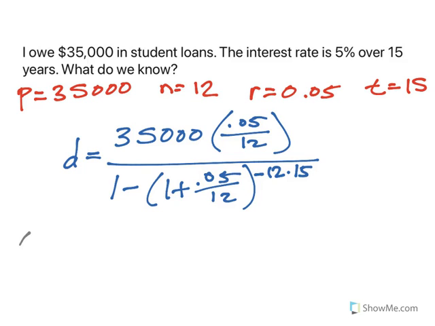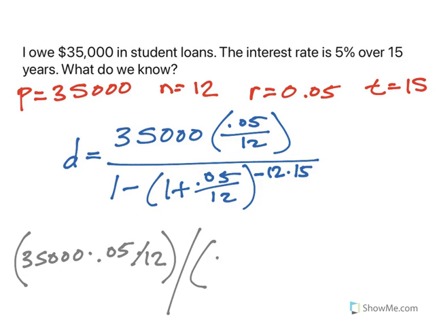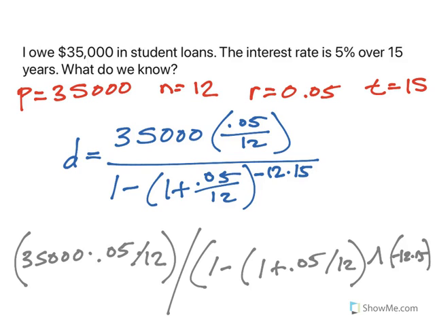You'd start with parenthesis 35,000 times 0.05 divided by 12, parenthesis, divided by, parenthesis, 1 minus, parenthesis, 1 plus 0.05 divided by 12, parenthesis, raised to, parenthesis, negative 12 times 15, parenthesis.